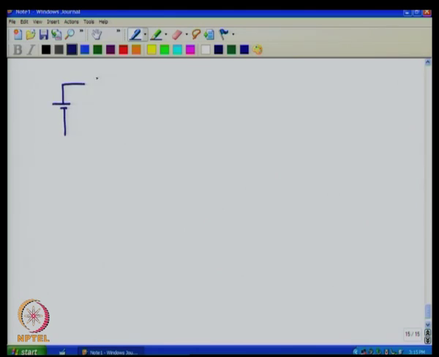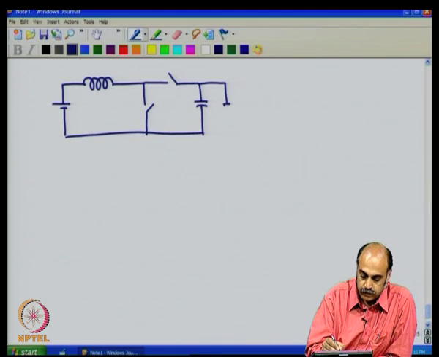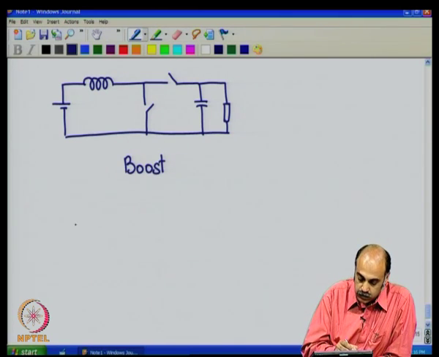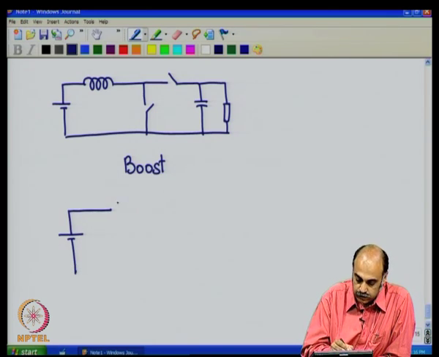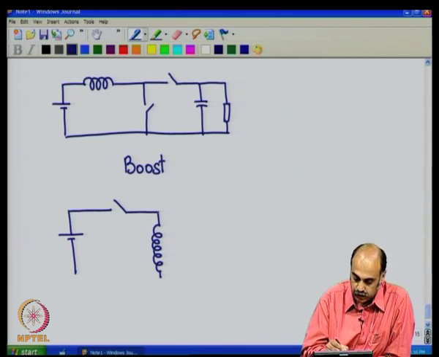Take the case of the boost converter, which is nothing but the boost converter, and also take the case of the buck boost converter, which is like this.